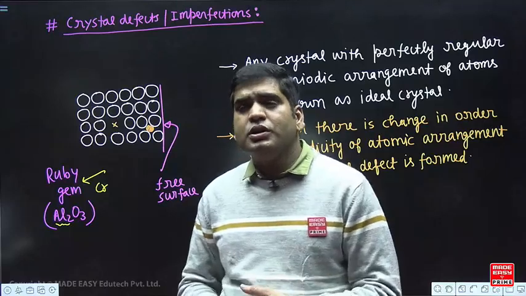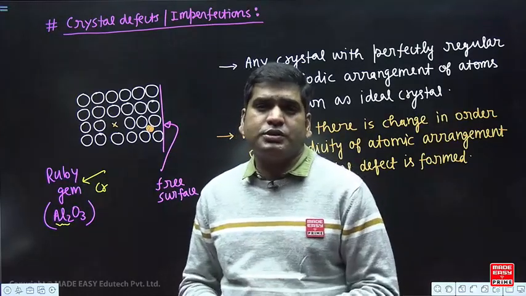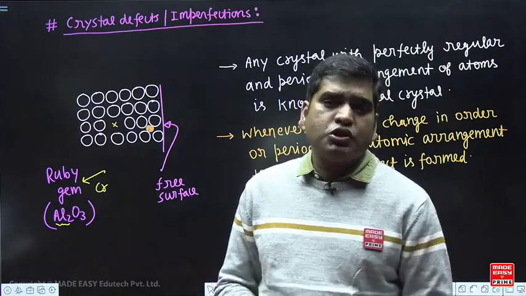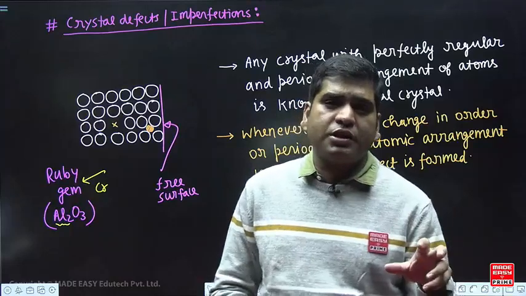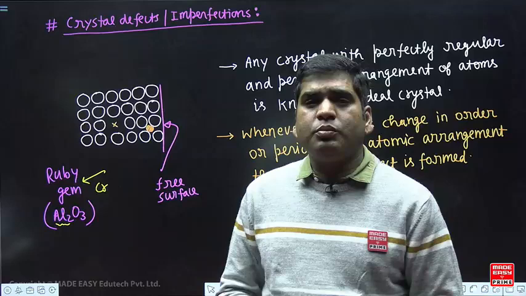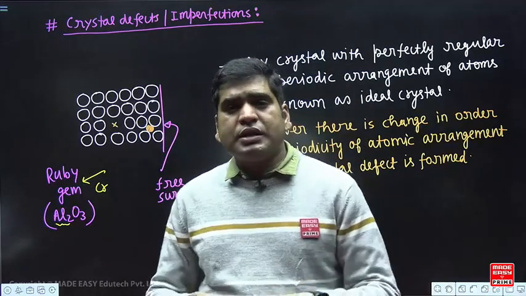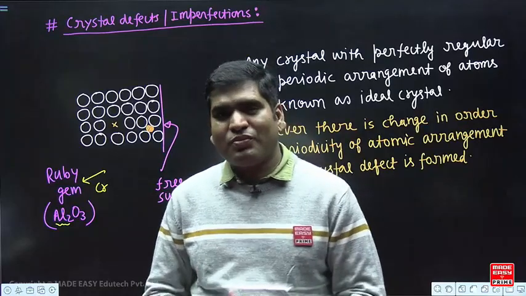In tomorrow's class, I will be teaching you semiconductors. I will tell you that a pure semiconductor has negligible practical utility because it has very small conductivity at room temperature. So in order to enhance the conductivity of a pure semiconductor, we add a certain amount of impurity, like phosphorus, boron, etc. When we add impurity, the conductivity of the semiconductor increases many-fold.